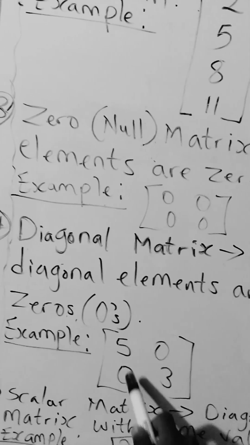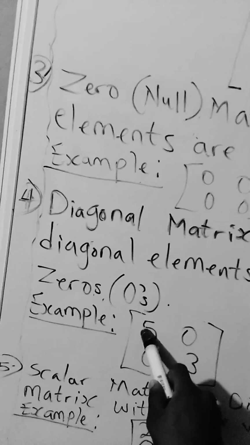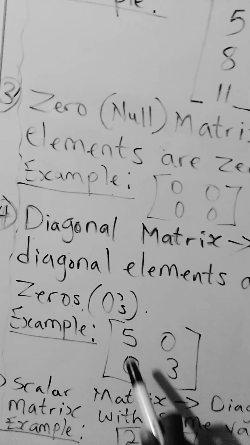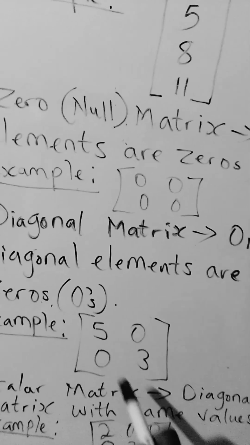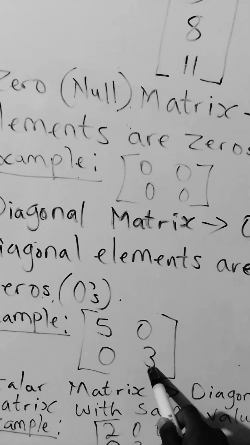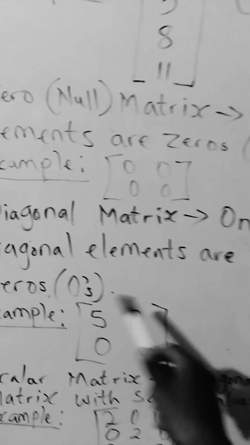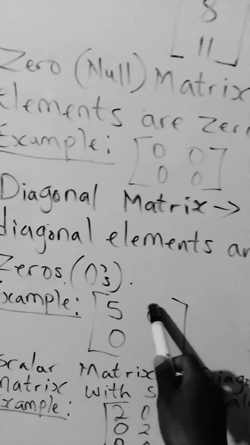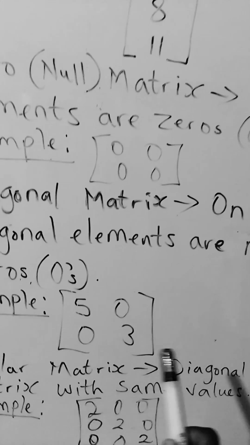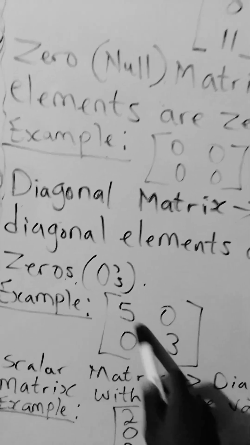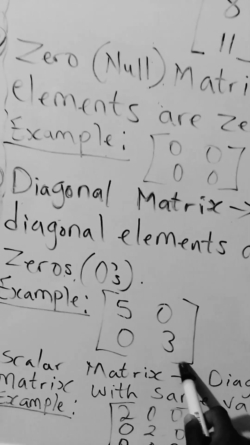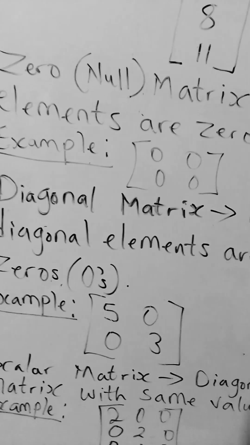In this matrix, the diagonal elements are 5 and 3. Every other element in a diagonal matrix is zero. The only elements that are not zeros are the elements in the diagonal.